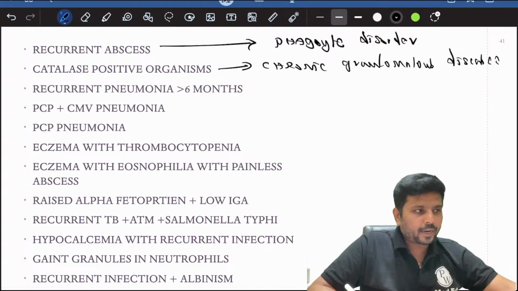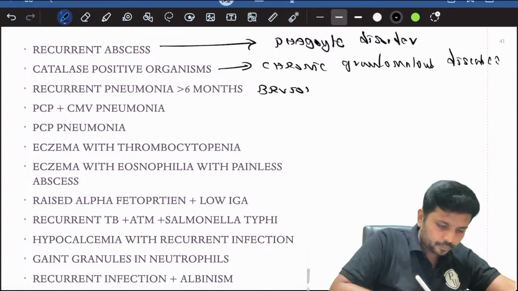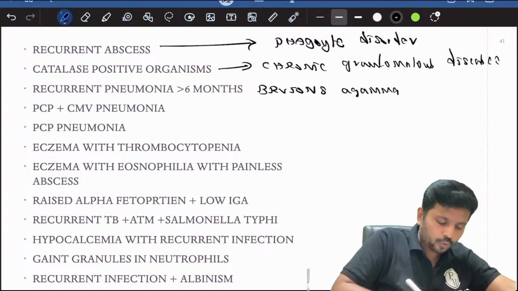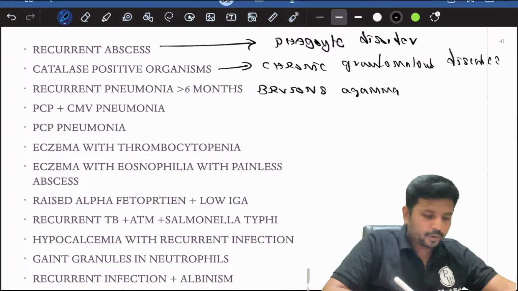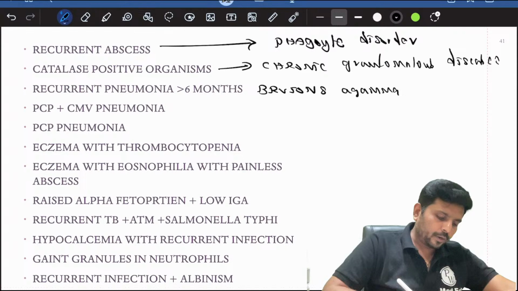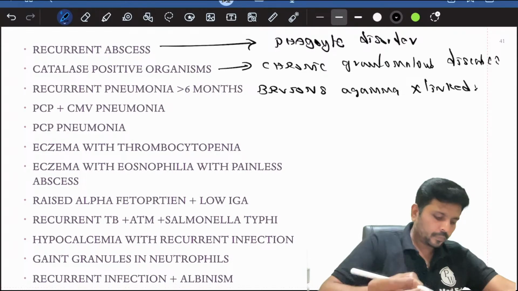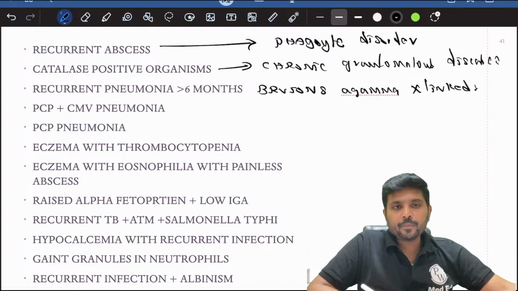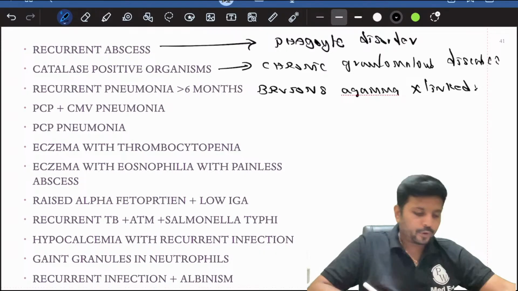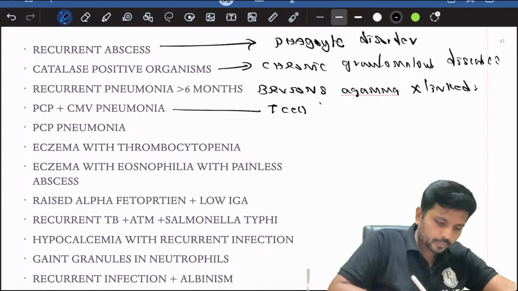Recurrent pneumonia after 6 months is Bruton's agammaglobulinemia, X-linked. When you have Pneumocystis carinii or CMV pneumonia, it is a T cell disorder.